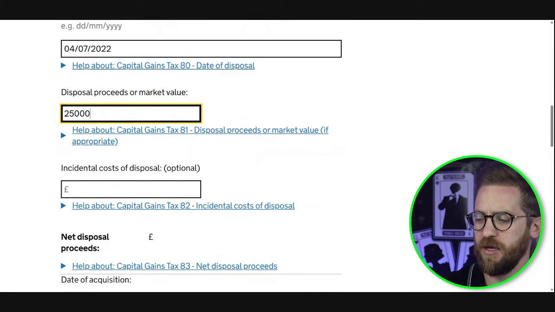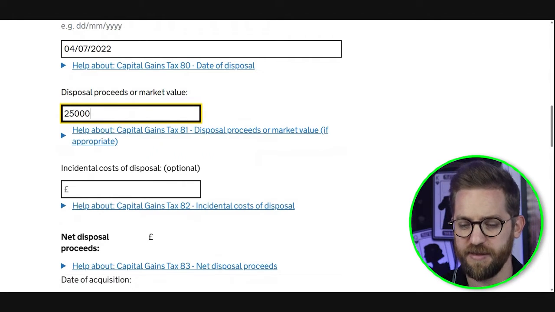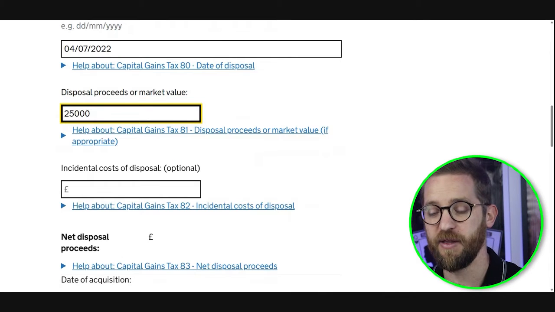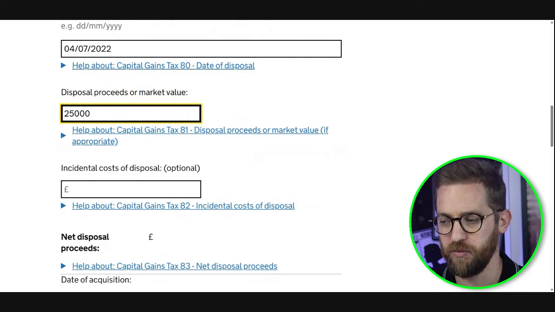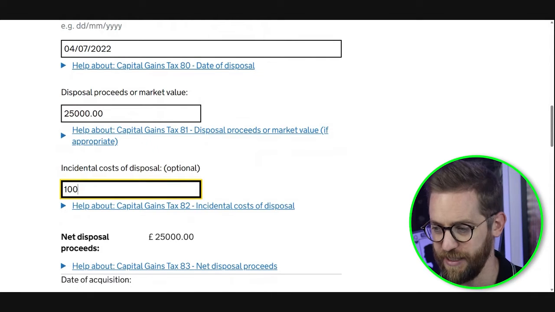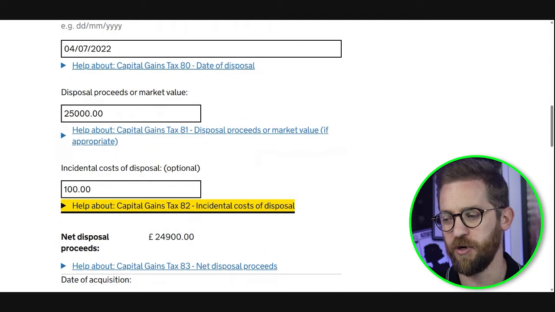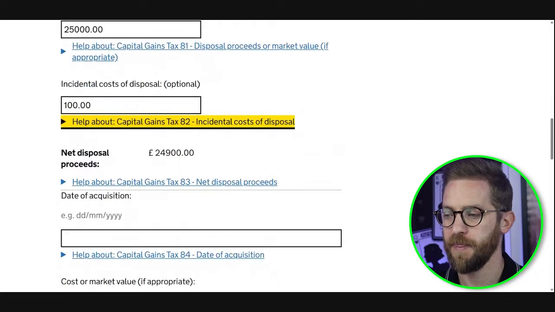Any costs on disposal. So typically this is a cost associated with disposing of your asset. So in this case with shares, it could be that I had to pay an agent a commission of £100 to get rid of those shares, to sell them. So that's an incidental cost on disposal, and it will bring my proceeds down to 24,900.